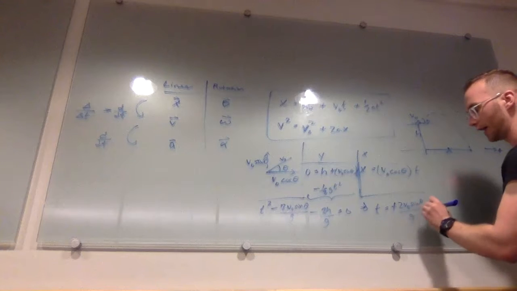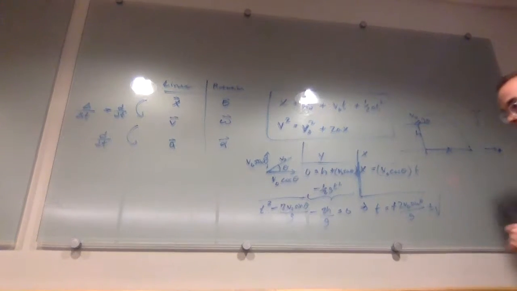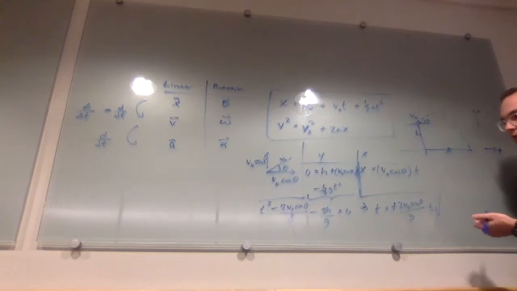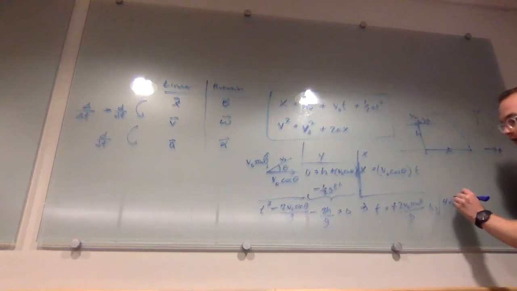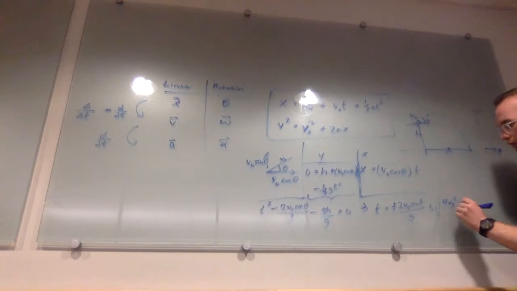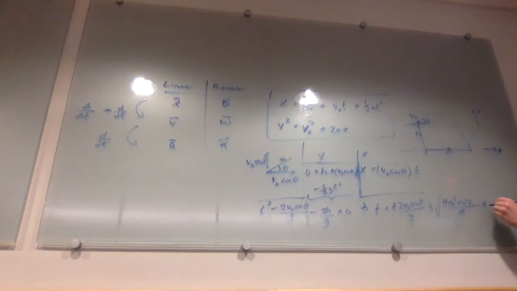The answer, I guess I'll write it, but it's not going to look nice. If you had numbers, of course, now is a good time to plug them in. This squared, so it's going to be 4 v naught squared sine squared theta over g squared minus 4a, 2h, whoa.